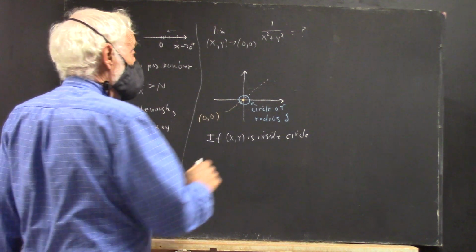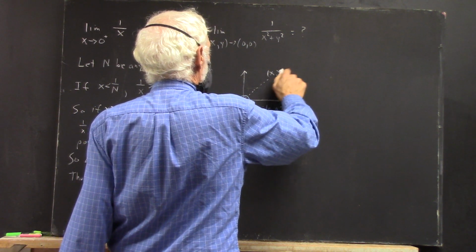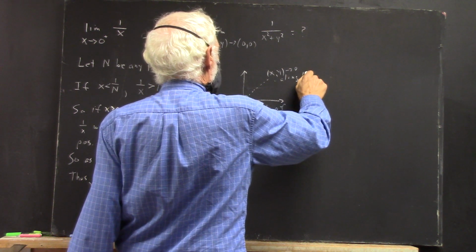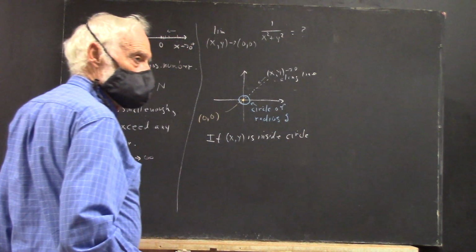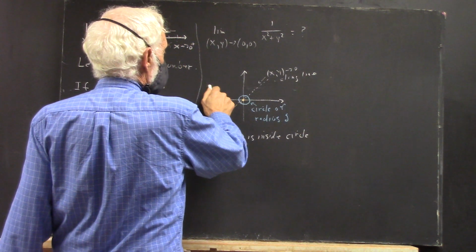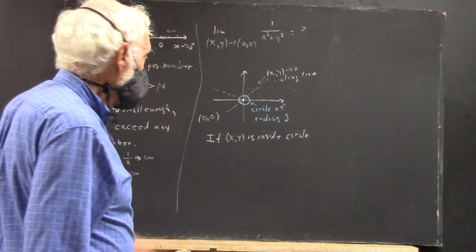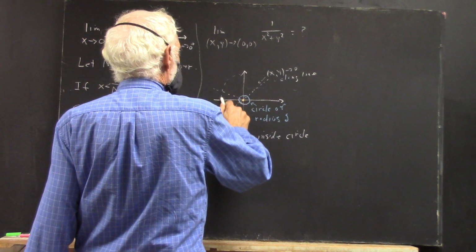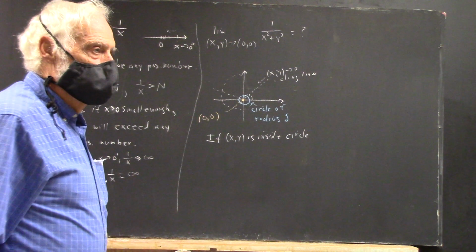Okay? Approach 0 through any line. There's another line. It could spiral in. Okay?